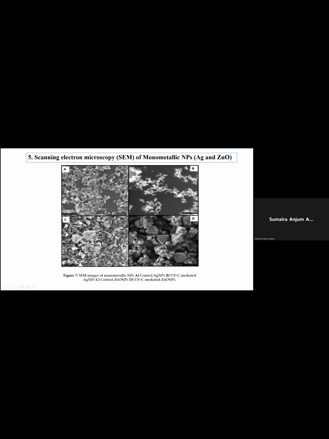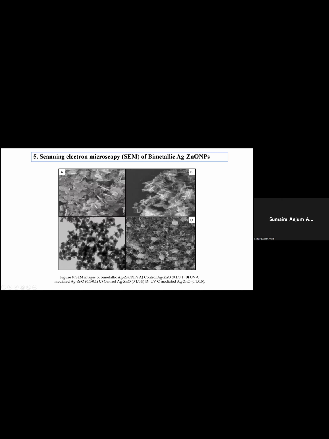In the case of zinc oxide nanoparticles, the control nanoparticles shown in figure C were somewhat ovoid. But when they were irradiated with UVC light, the nanoparticles changed into some orthorhombic or hexagonal type that was clear in these cube-shaped nanoparticles. These are the images of the scanning electron microscopy analysis of the bimetallic nanoparticles.